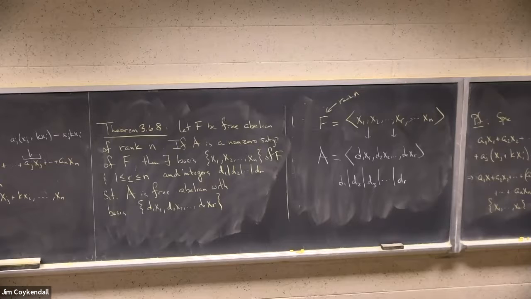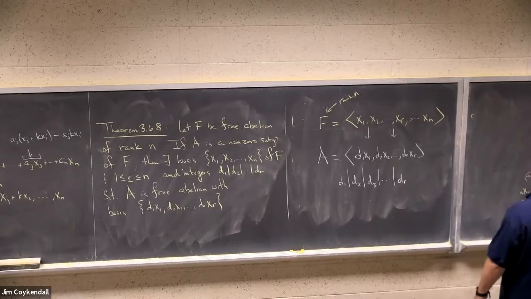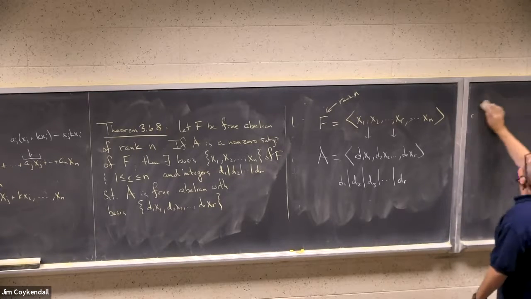For vector spaces, all that d stuff, who cares? Because you could divide out by it if this was a vector space, since all the d's would be units. The integers isn't as good as a field, so we've got to have that. But you know what's super nice about the integers? They're a Euclidean domain, and that's going to come up. We've got the Euclidean algorithm. Not as good as a field, but it helps quite a bit, and it helps us do this trick. That's my little teaser, my trailer for the proof. So let's do this thing.